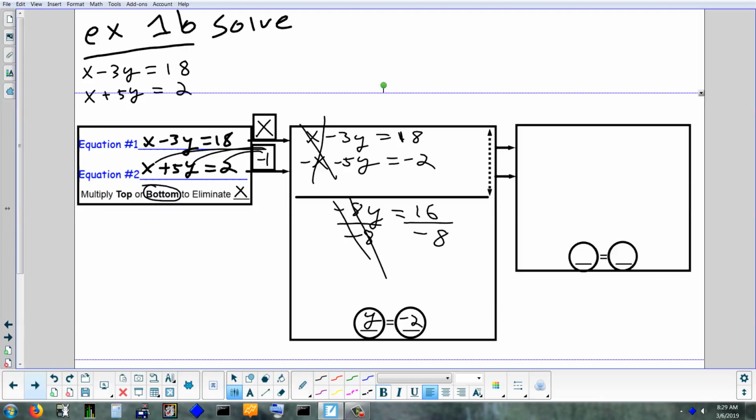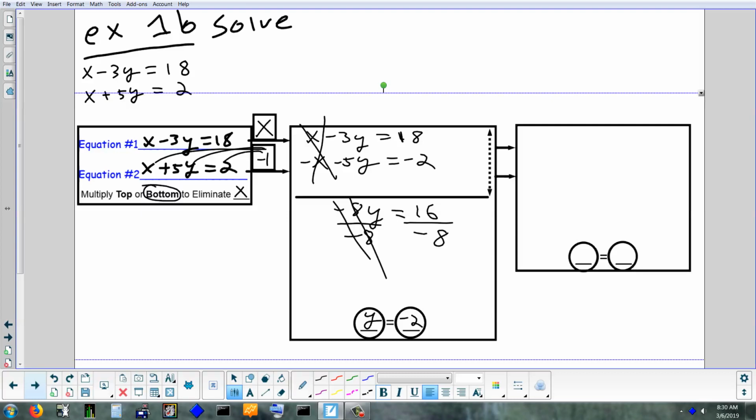Nathan, what do I have to do now that I have y? You can plug in y through x. Yep. Plug in -2 into x. So what is -2 equal to? What letter? y. It's equal to y. So you're going to plug it in for y. Which equation do you want to plug it into?